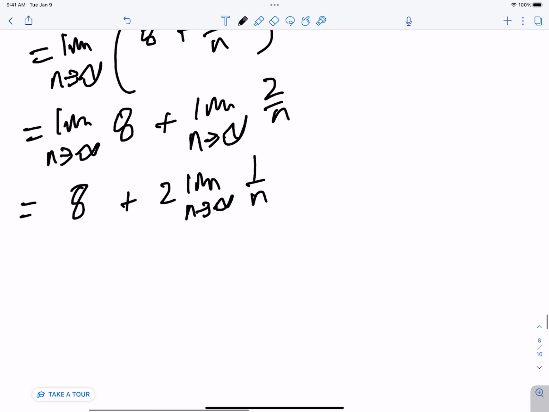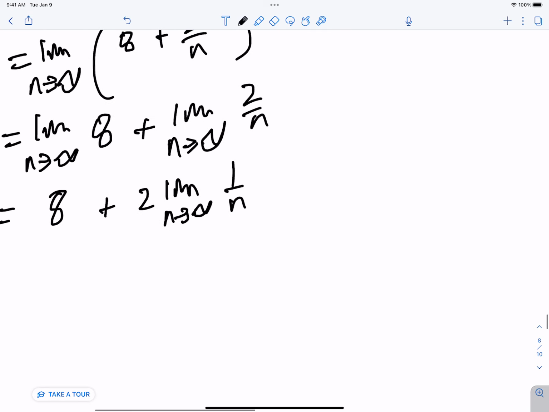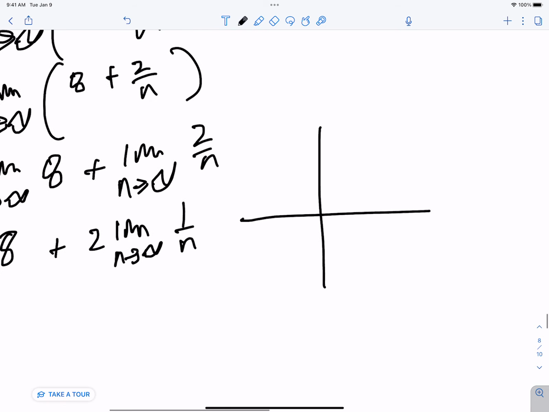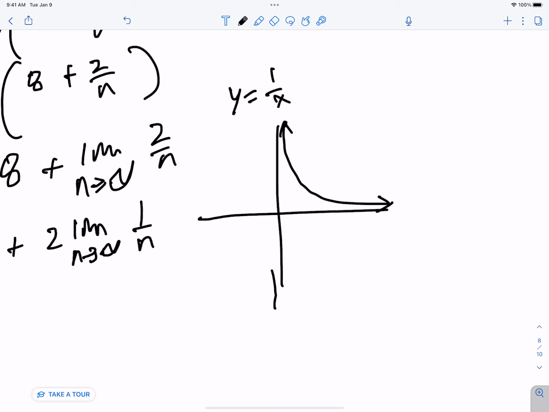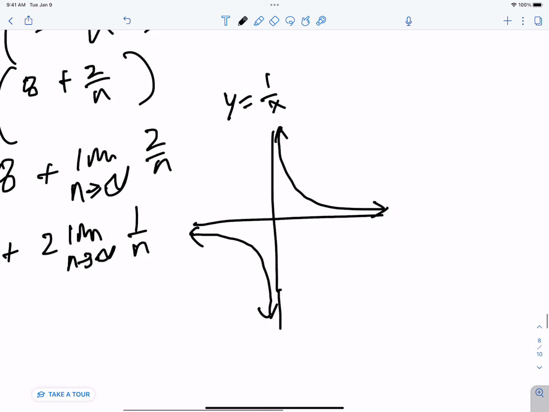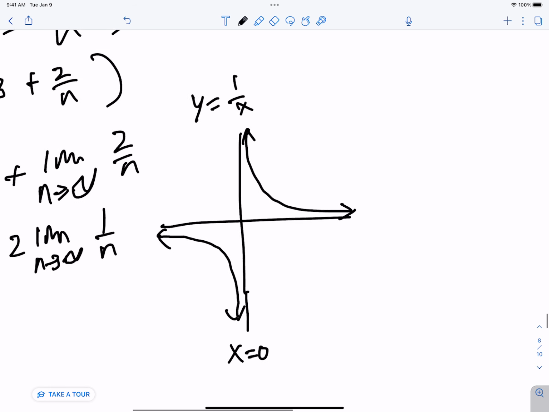Well, it is 0, but just for clarification, in case you don't know, I'm going to use an example where y is equal to 1 over x in this case, and we know that it will look kind of like this. It's not to scale. I hope it's feasible drawing. And we'll have a vertical asymptote at x equals 0 and a horizontal asymptote at y equals 0.